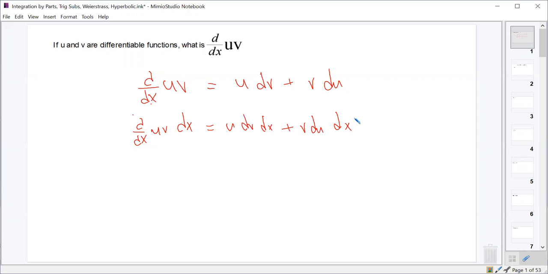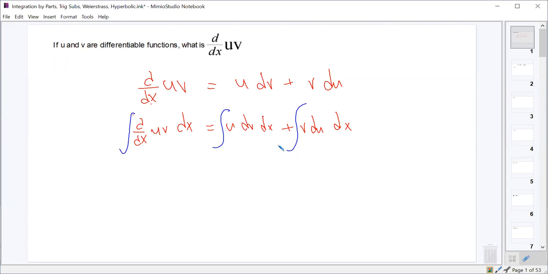I'm just multiplying every piece of this by dx. That's a legal thing to do, right? In math, you can multiply everything on both sides of an equation by the same term. True? Yeah, true. Good responding.